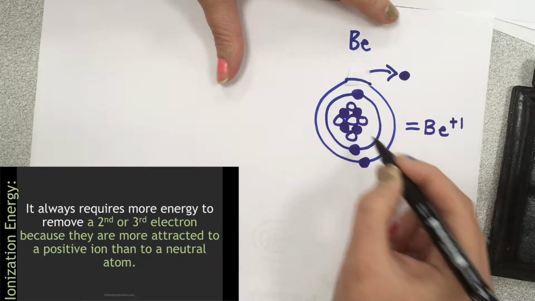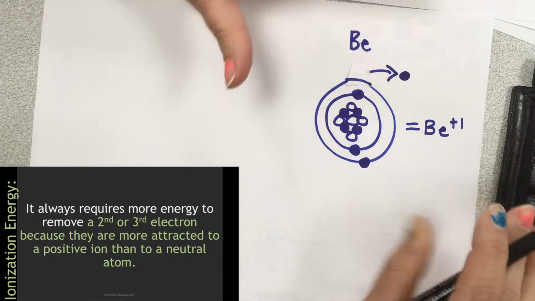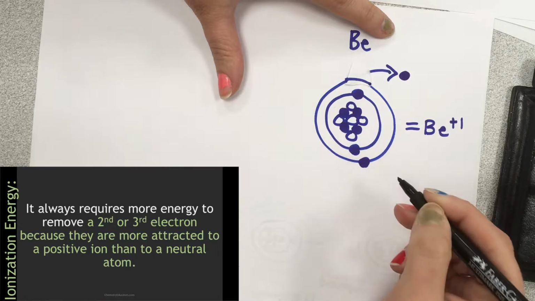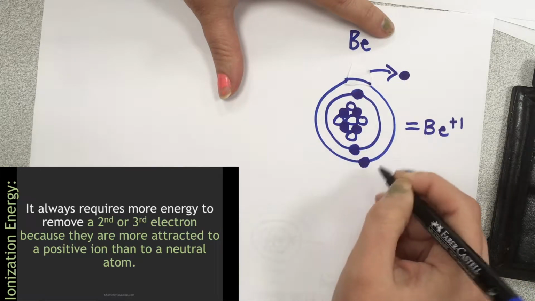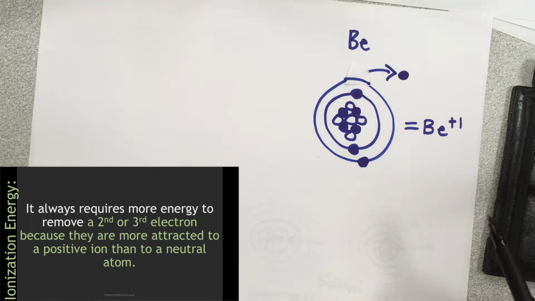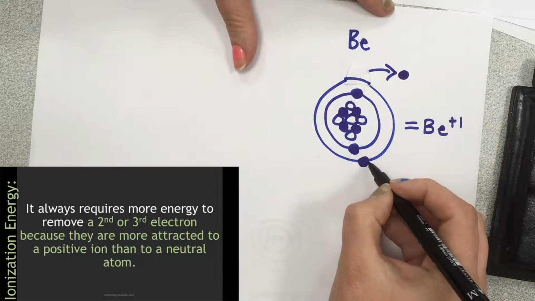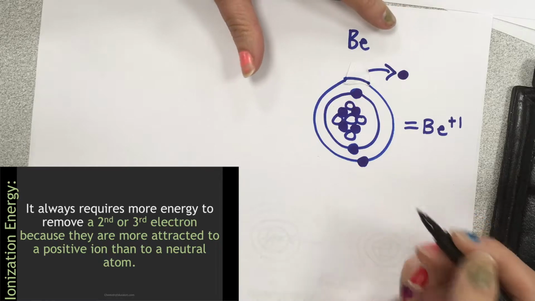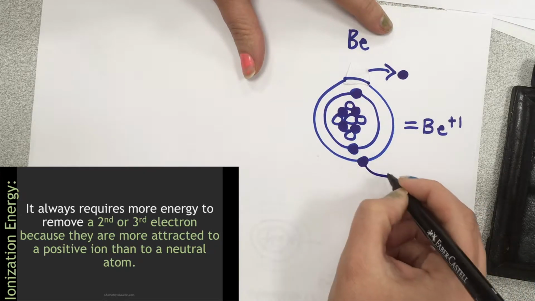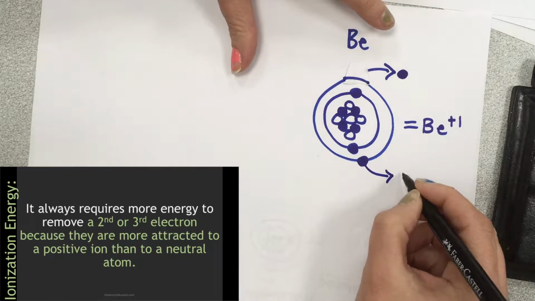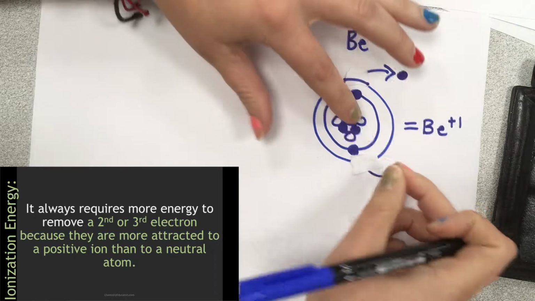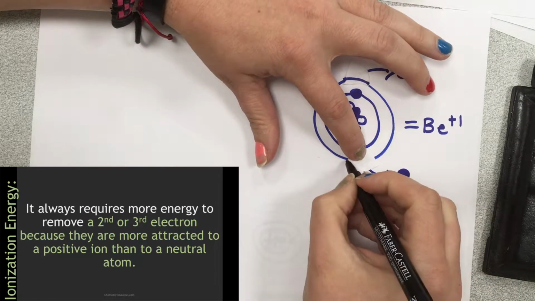So the charge ratio is off now. That means this nucleus is now more positively charged compared to that electron cloud than it was in the neutral atom. So now these guys are even more attracted to that center, that nuclear charge. So taking off this second one is going to require even more energy. So let's pretend we removed the second one.